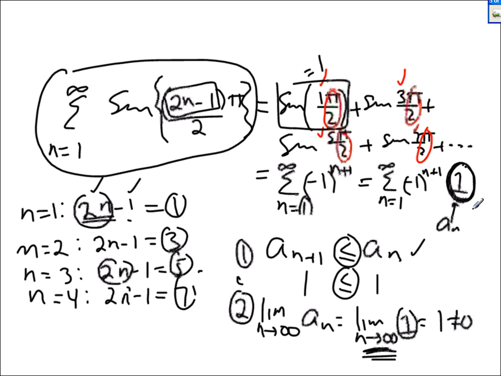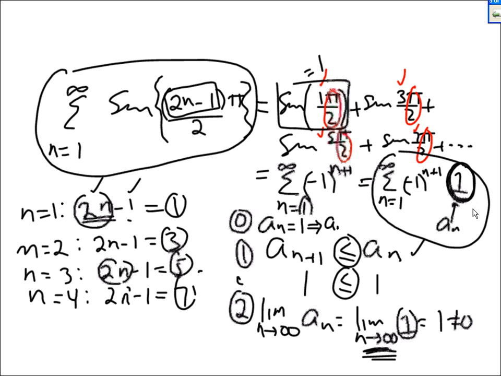For this to converge using an alternating series test, well, first of all, it has to alternate. And we did show that it alternated. And I kind of forgot to show what I'll call step 0. Since a sub n's equal 1, that implies the a sub n's are all bigger than or equal to 0. So that criteria has been met. Condition 1 has been met. Condition 2 failed.